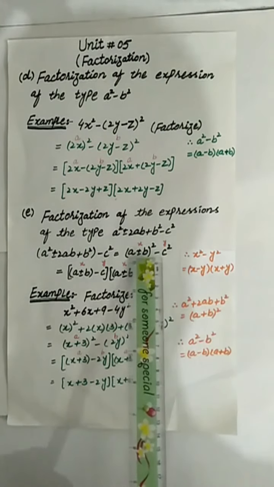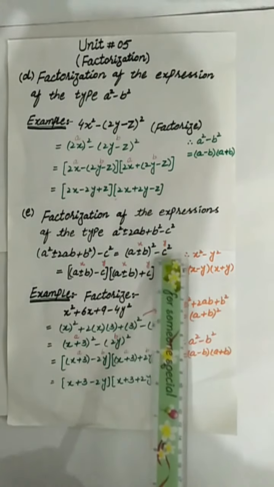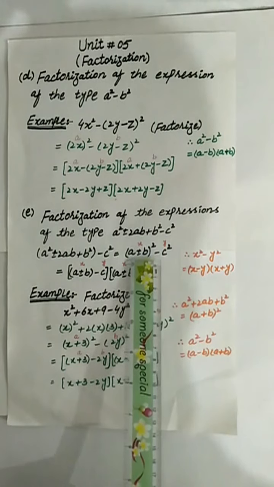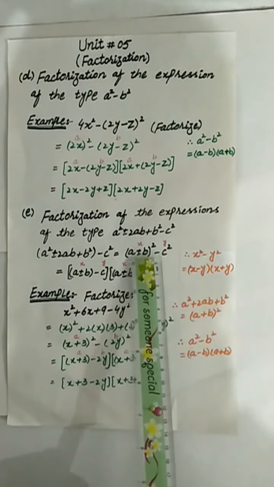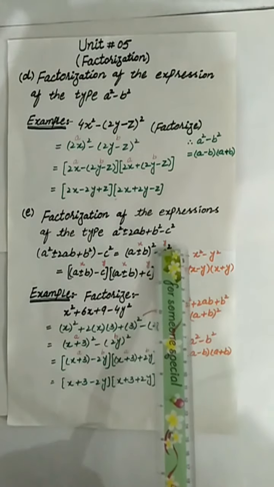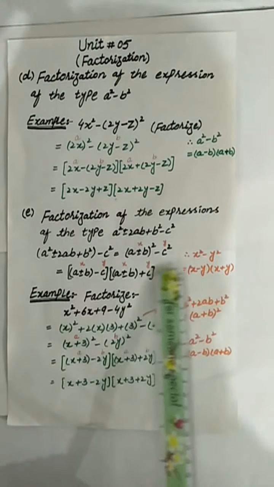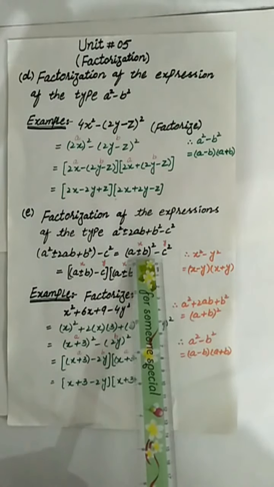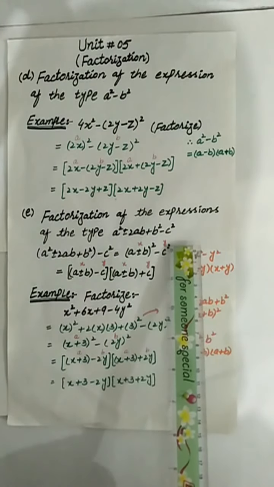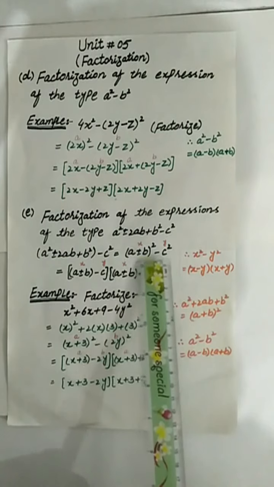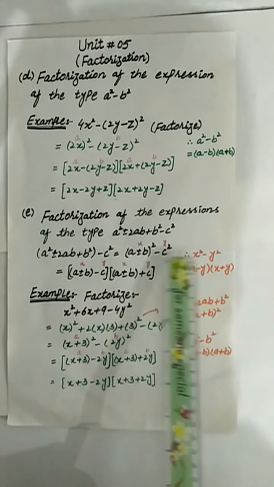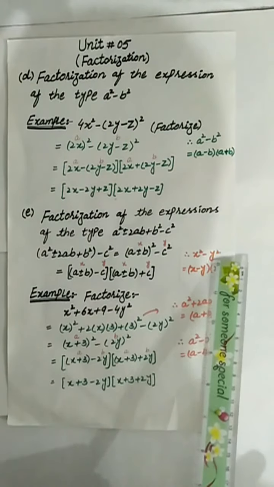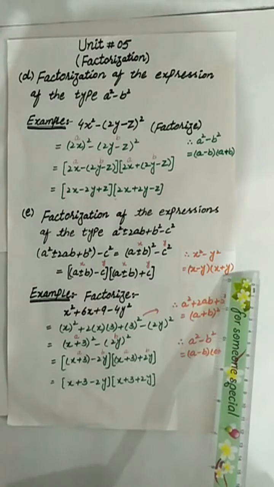According to this formula, (a plus minus b) square minus c square is in the form of x square minus y square. Here we use the terms x and y, not a and b, because those terms already appear. So by using this formula, x square minus y square is equal to (x minus y) into (x plus y).